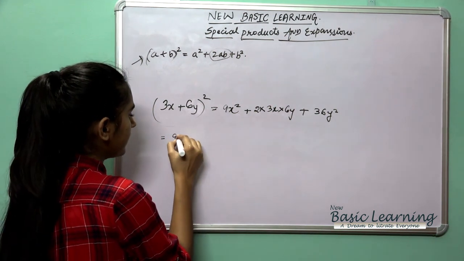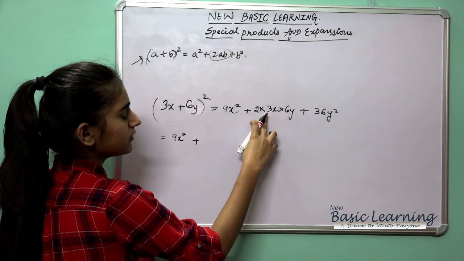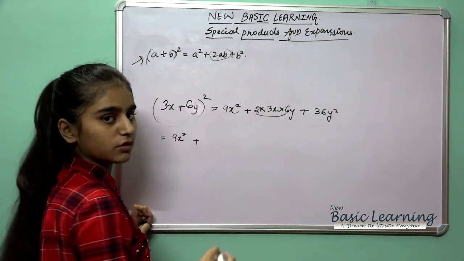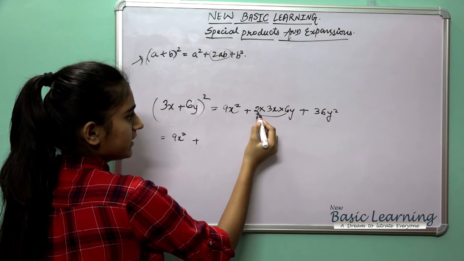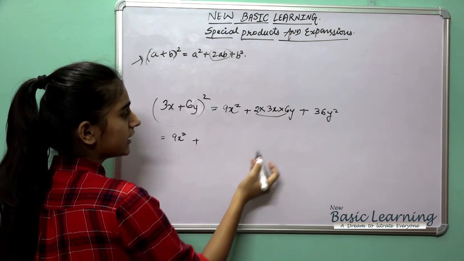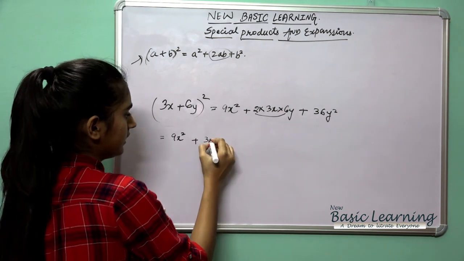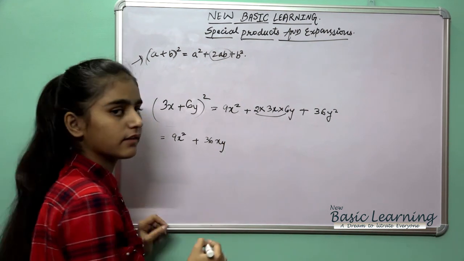That is 9x square plus 6 into 3. We have to multiply all the terms here. Okay, so 3 into 6, 6 times 6 are 36. So here 36x into y, that is xy.